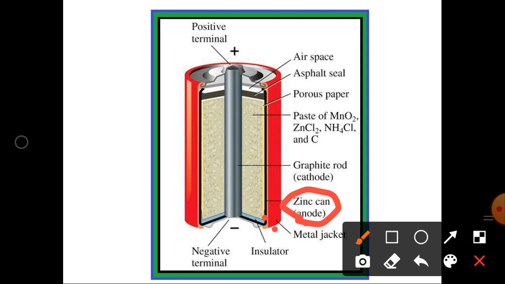This is the outer cover metal jacket, and the insulator is placed between the anode and cathode, and the paste of MnO2, ZnCl2 and ammonium chloride will act as the electrolyte. It is placed between the anode and cathode, and the porous paper is used to separate the anode and cathode. That is, the movement of ions between the anode and cathode is restricted by means of the porous paper.